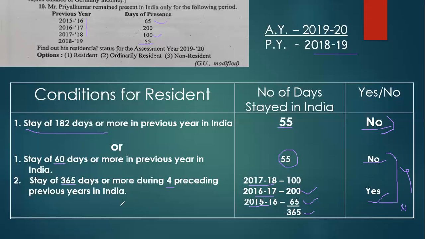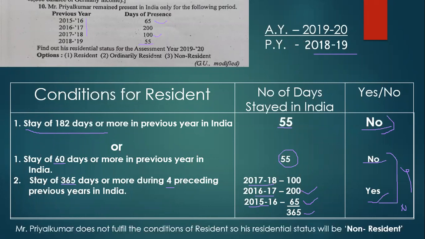So we can write down the narration like this: Mr. Priyal Kumar does not fulfill the conditions for resident, so his residential status will be non-resident.